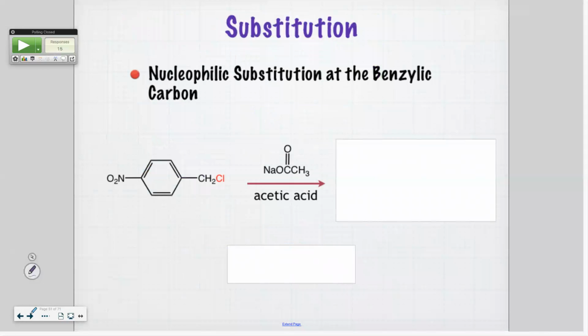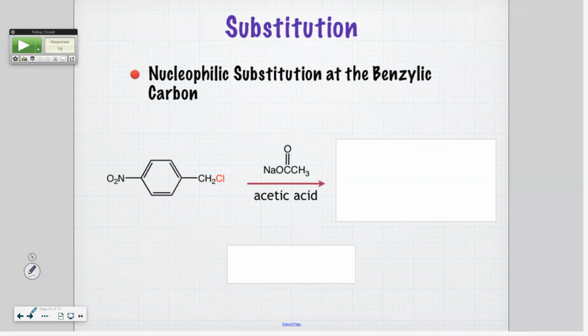Okay, this is substitution. You can do nucleophilic substitution at the benzylic carbon. So what is the nucleophile in this reaction? What do you think? What's the leaving group?